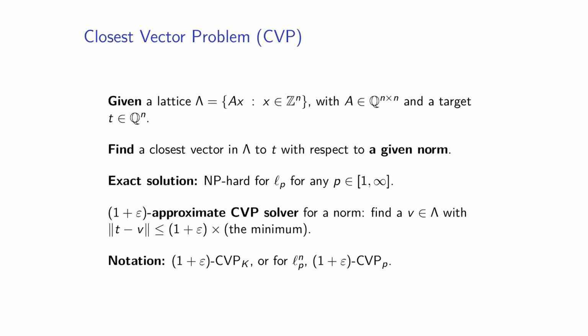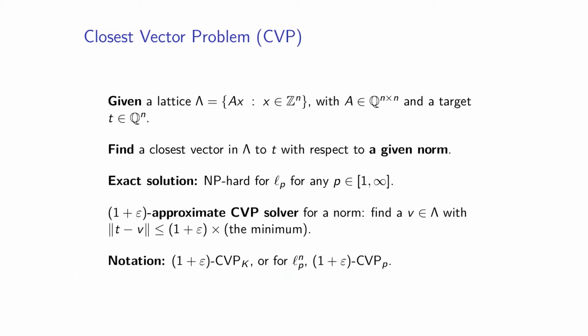We're given a lattice and a target vector t in R^n or Q^n, and our job is to find the closest lattice vector to the target t with respect to some norm. Okay, so you're given a vector which is not a lattice vector, and you want to find the closest lattice vector in some given norm.